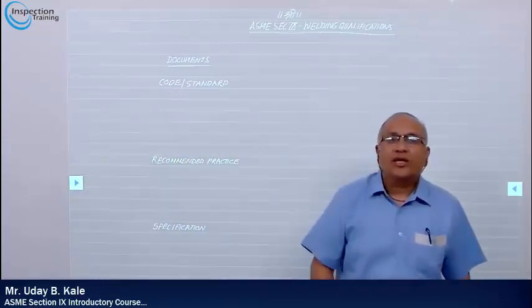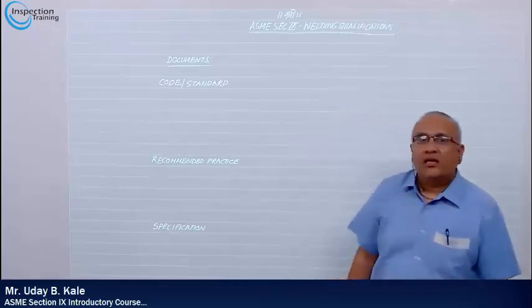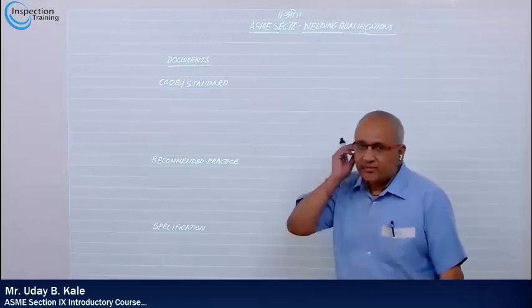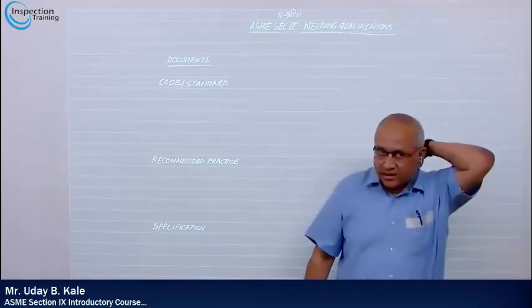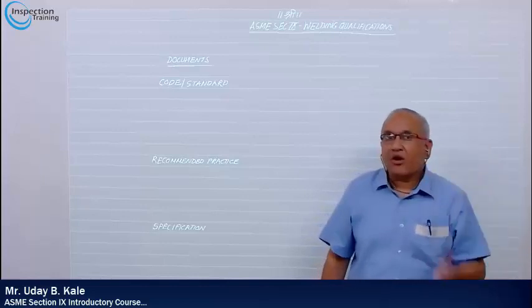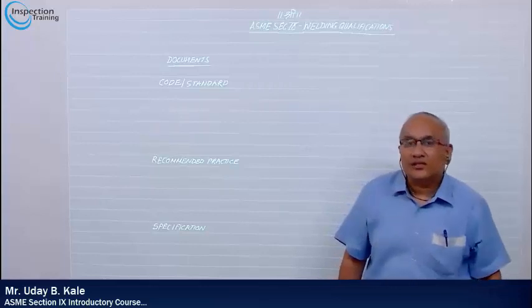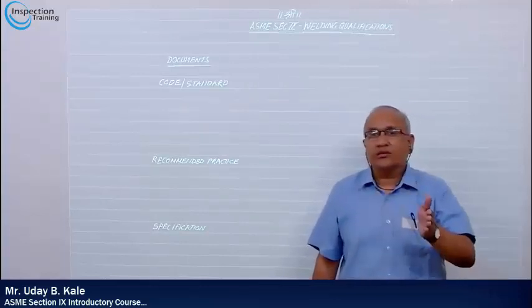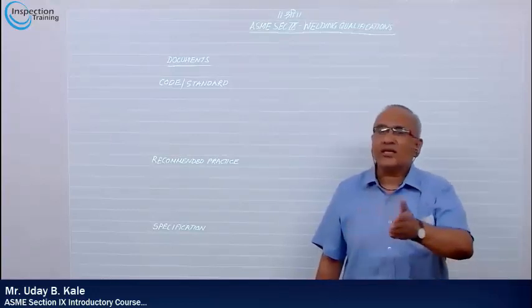So what do they describe? So basically when we start with code/standard, then we must understand that this document is either called as code or a standard. So what is the difference? The same document is called as a code and the same document is also called as a standard.